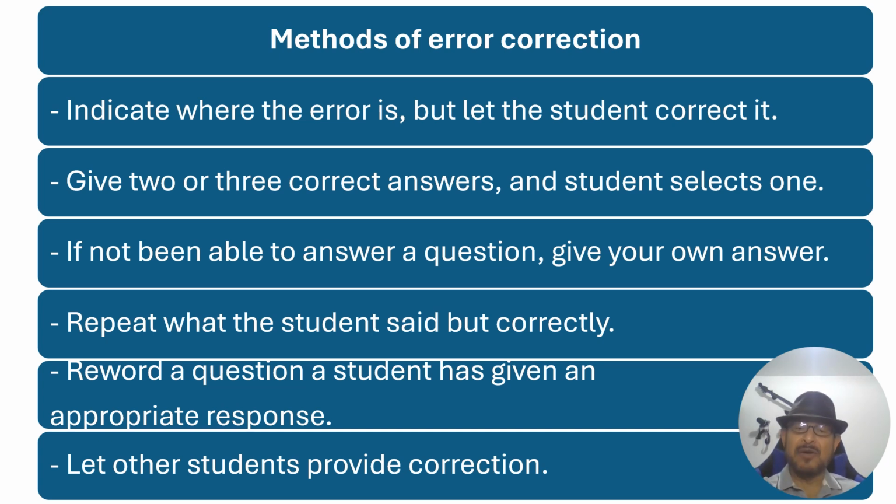Then ask the question again. Repeat the content of what the student said, but say it correctly. Reward the question to which students have given an appropriate response. Let other students provide correction.